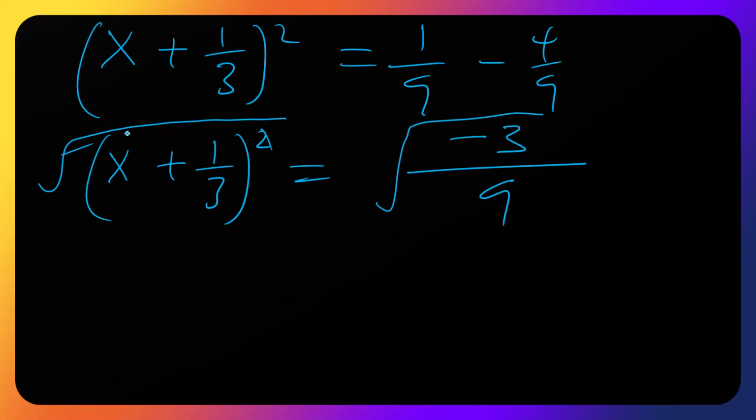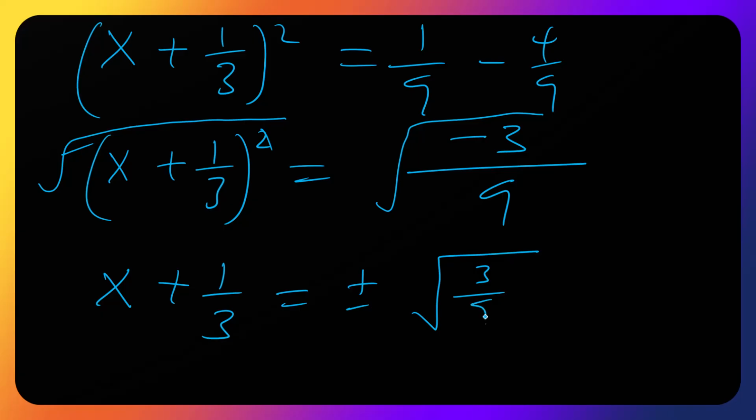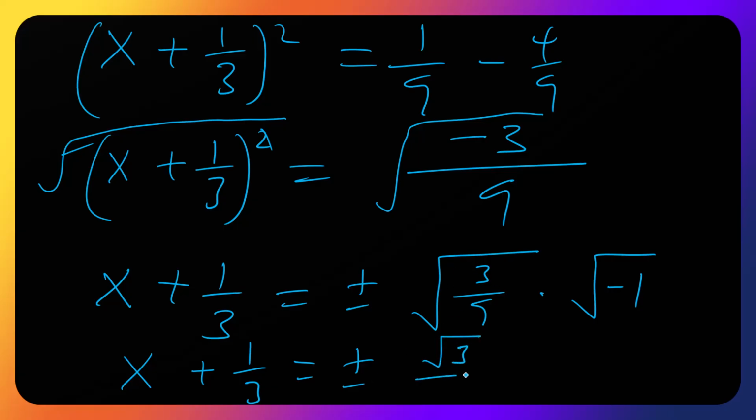X plus 1 over 3 equals to plus or minus square root of 3 on 9 times square root of minus 1. And this one is the same as square root of 3 over 3. So this side will give us i from complex numbers.